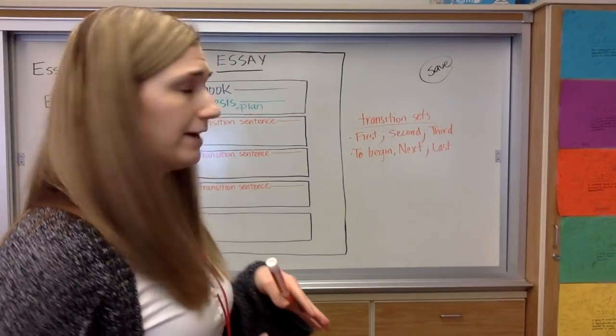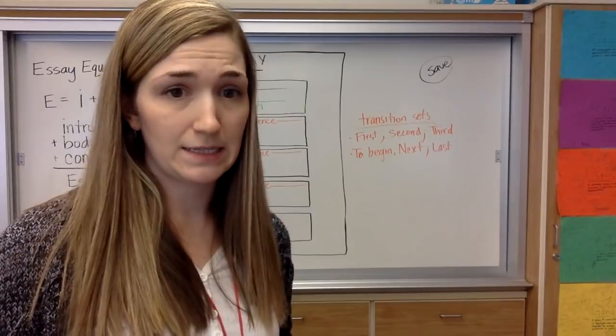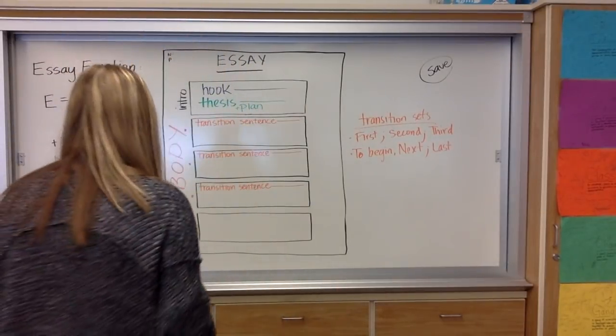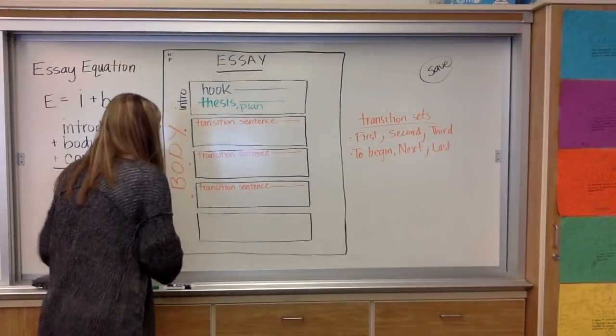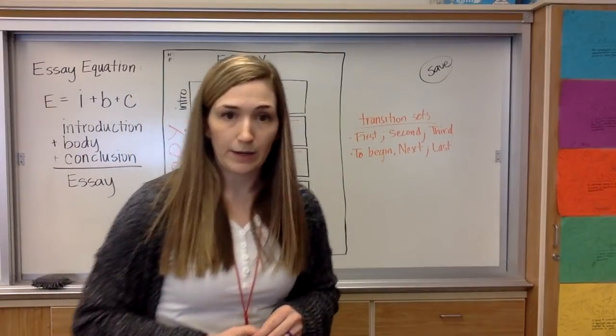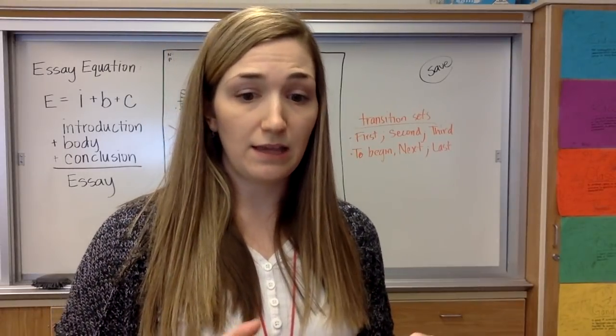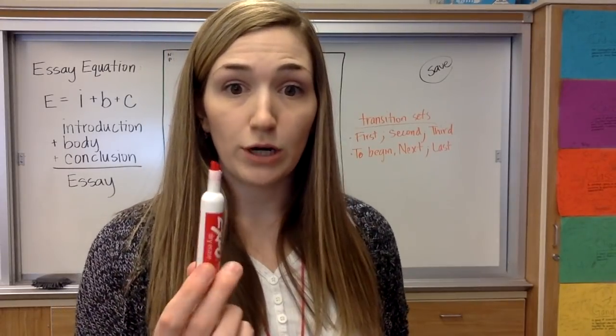So after we figure out what we want for our transition sentences, then we get into the E's, which stands for elaboration. And this is the second piece of a body paragraph. So body paragraph is composed of transition sentence and the E's or elaborations or the reds.